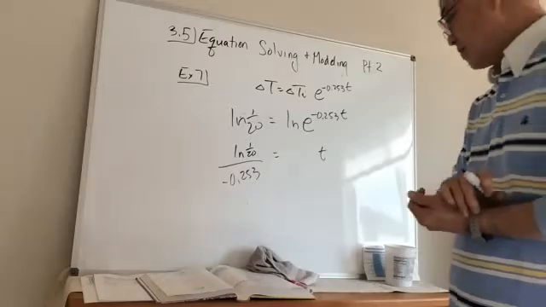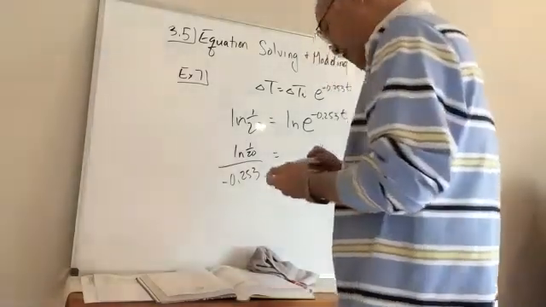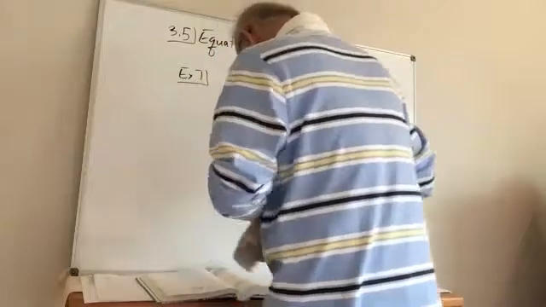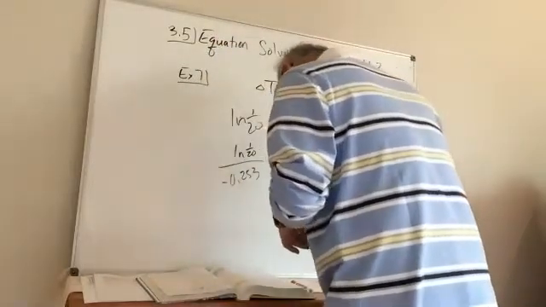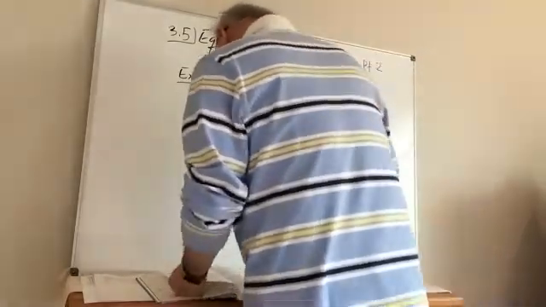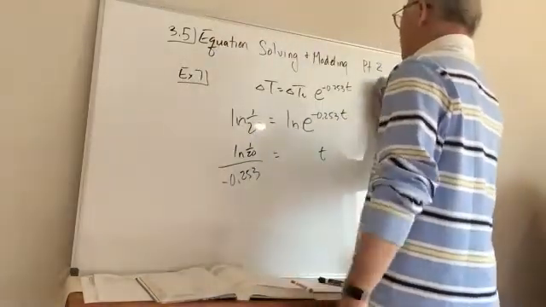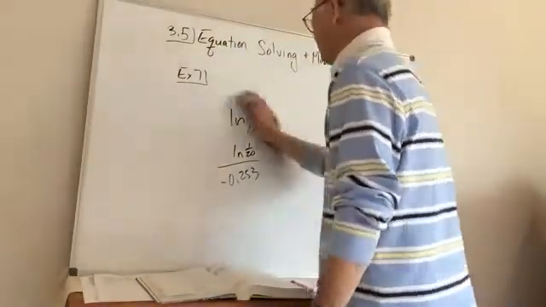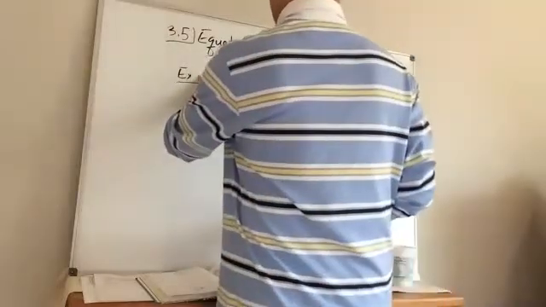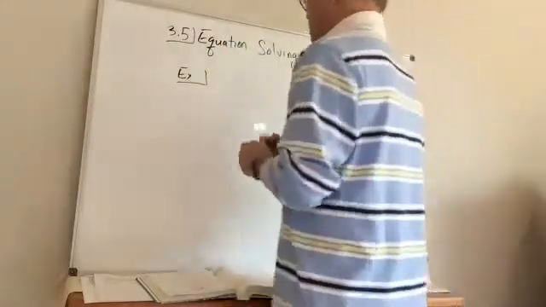Okay, we'll see how that went. All right, let's do one more. On this one, they're actually going to give you the data, and you're going to have to use the data to do a regression, it looks like. So example number 8.